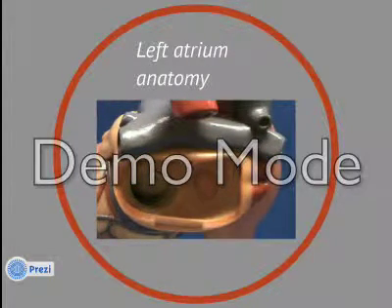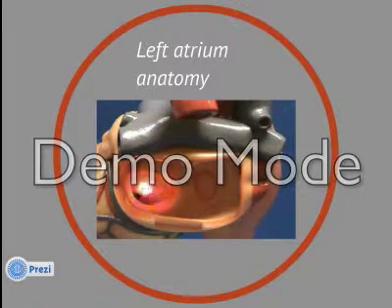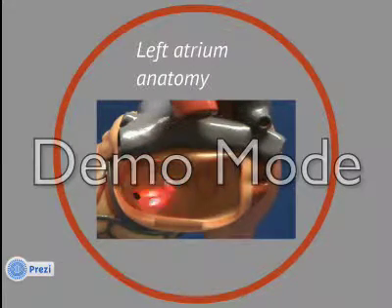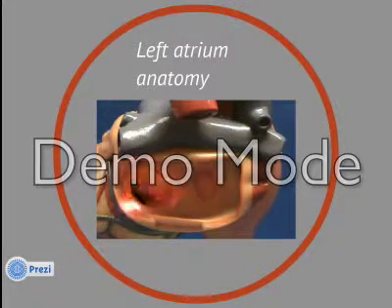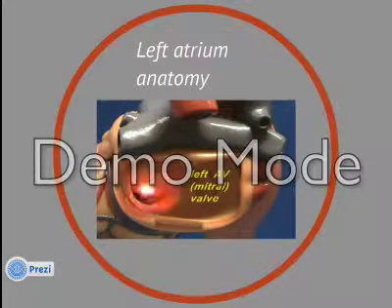And here you can see the opening that allows blood to flow into the left ventricle. So this is the orifice, the left atrioventricular orifice, and it's going to have a valve, the left AV valve, the mitral valve, that's going to prevent blood from flowing back into the left atrium.